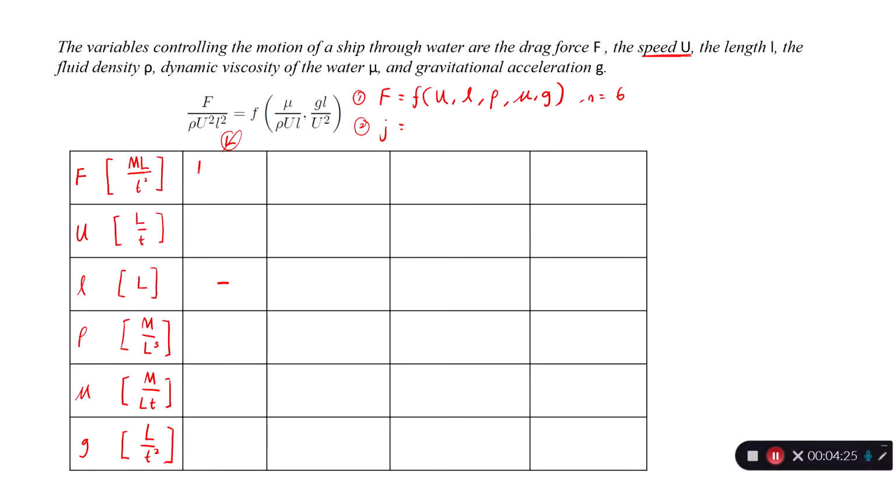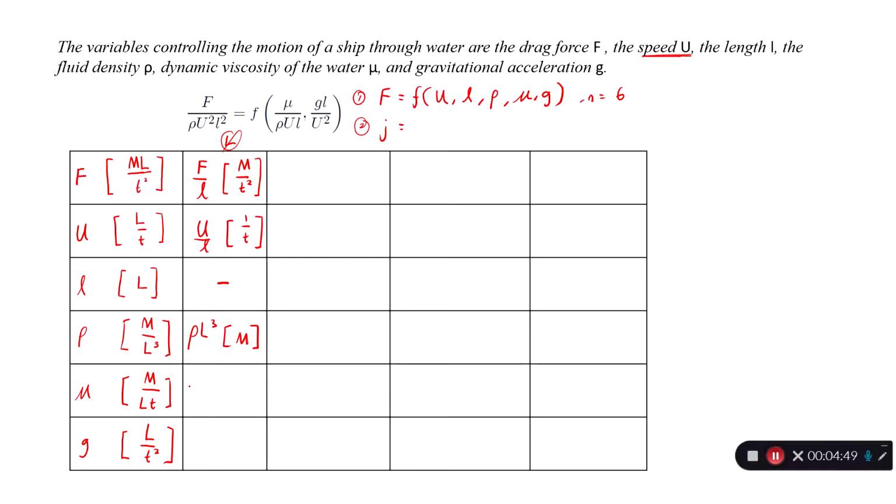So for force, it will be force over length, m over square time. This will be u over L, 1 over t. This will be rho L cubed.